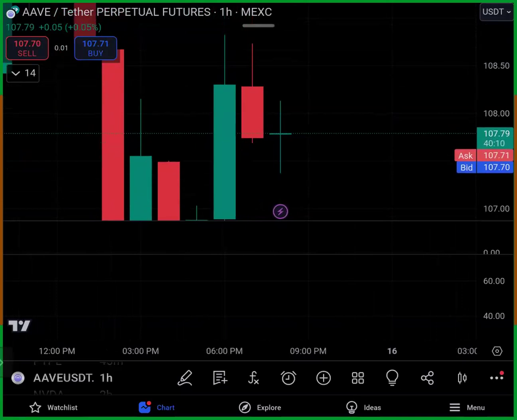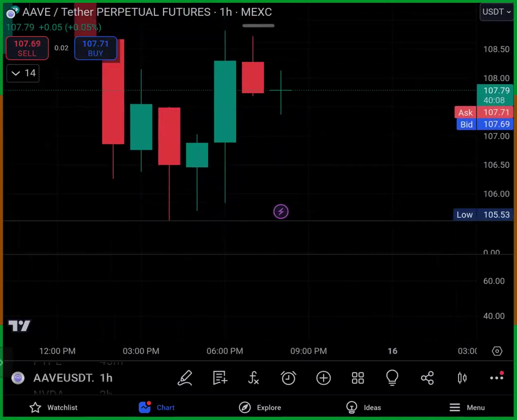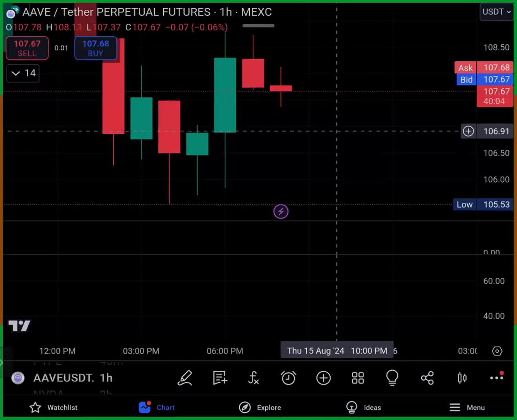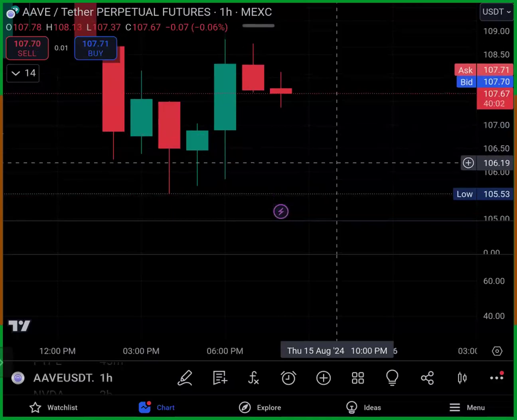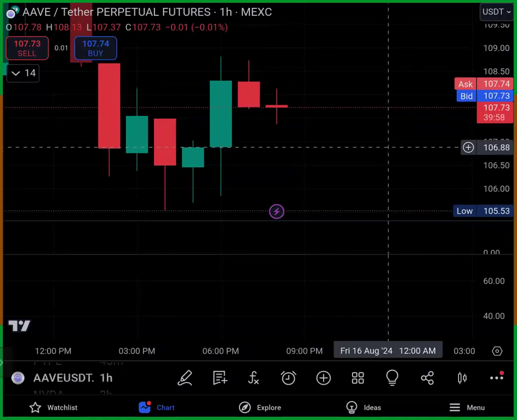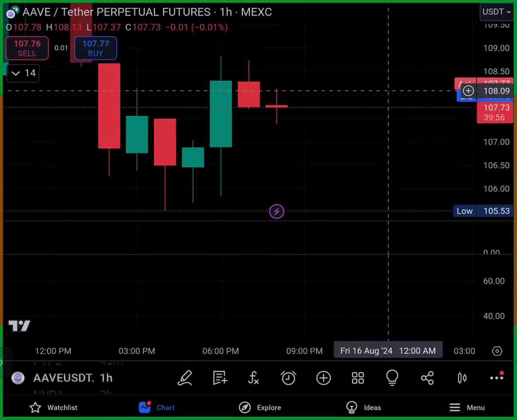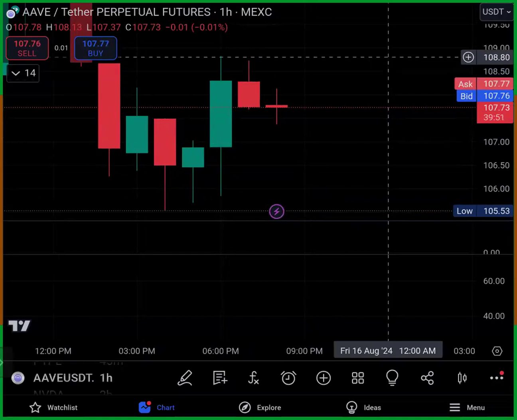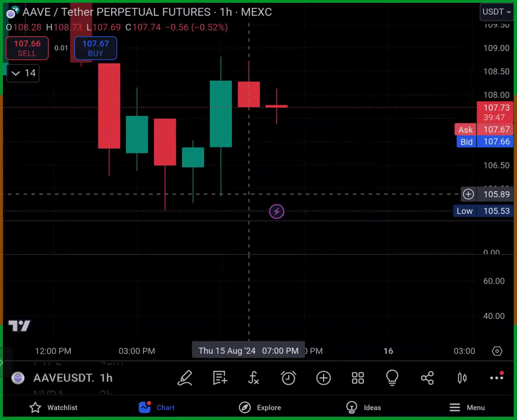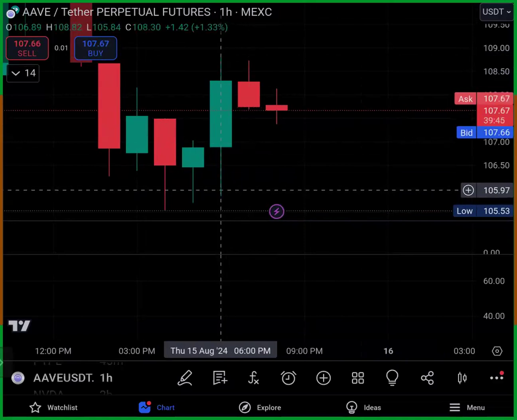Now with this green candle right here, it opens from the bottom. It opened right here and it closed at the top right here. Do you see the green candle toward the right, the next candle right here?